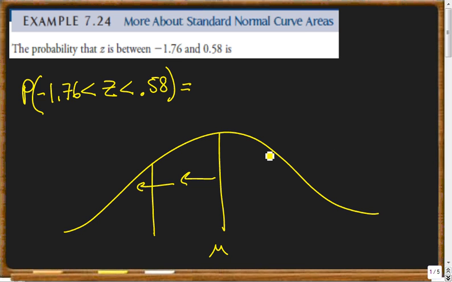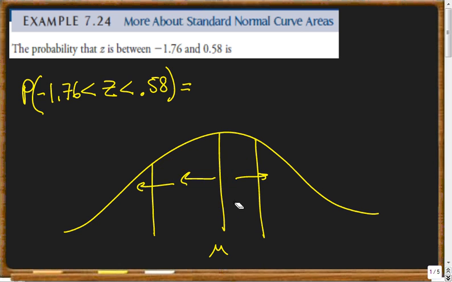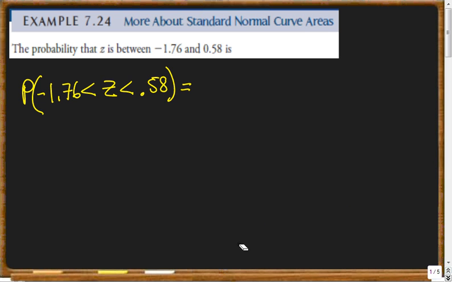And we're going all the way up to 0.58 above, so here. So we're looking at this type of area here. It's going to be pretty sizable when it comes to the entire graph. So how do we go ahead and find this exact probability?